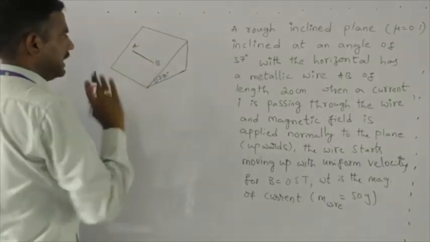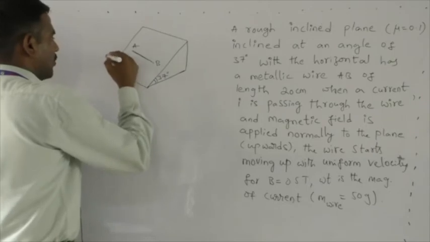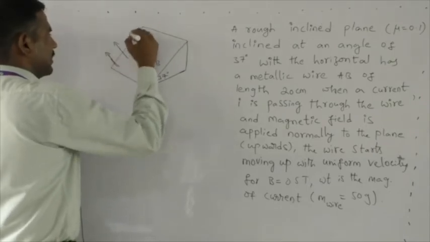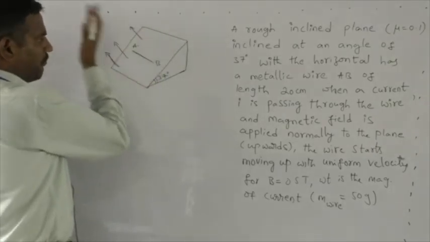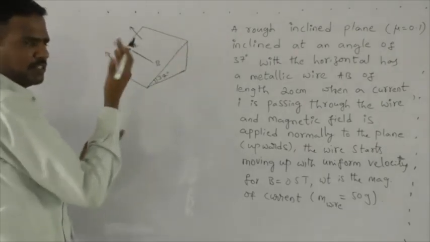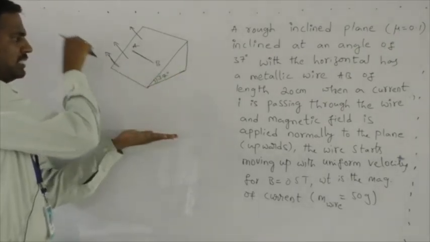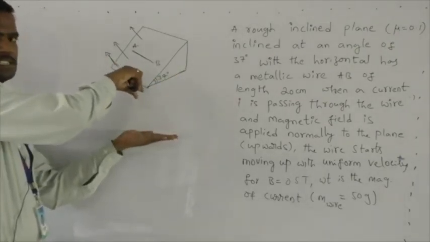It is carrying the current I, and the magnetic field is applied normal to the plane, like this, upwards. You just imagine, this is an inclined plane, the magnetic field is applied like this, and the conductor is kept in this way.